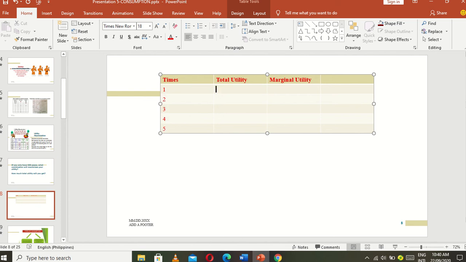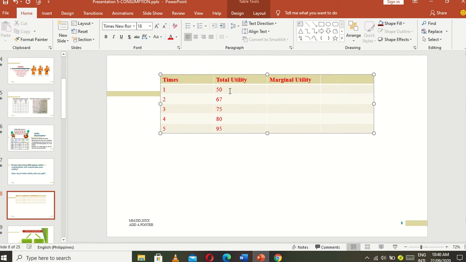Now, if the total utility is given, for example, the first time I ate burger, I had 50 utils. The second time I ate the burger, I gained 67 utils. The third time I ate burger, I got 75 utils, then 80 utils, and 95 utils.